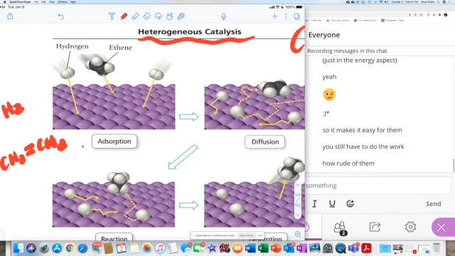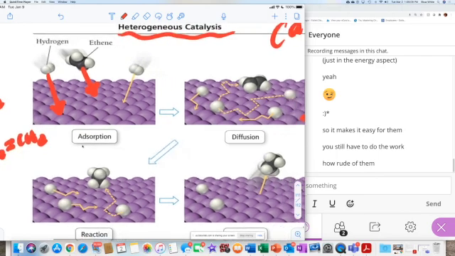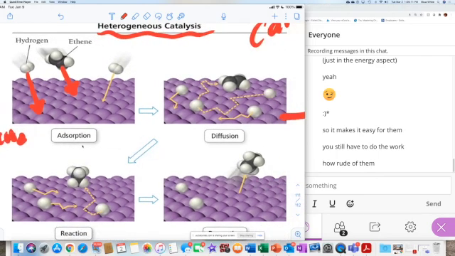The catalyst has to have an affinity for each reactant. So each reactant has to somewhat be drawn to the catalyst. That's what happens here as they are adsorbing on the surface of the catalyst. When they get to the catalyst, while they're still drawn to the catalyst surface, they start moving around. So you can see here what's happening, okay?